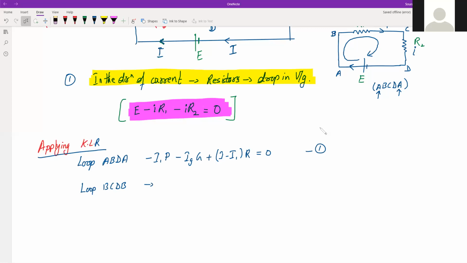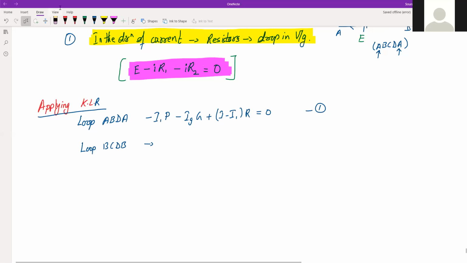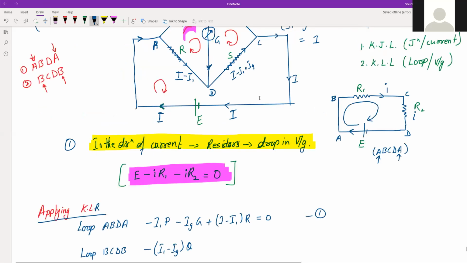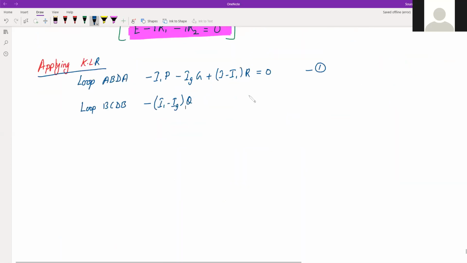So in the loop, B to C has current I1 minus IG, and the resistance is Q. So (I1 minus IG) into Q. Then again, if I'm now coming in the direction C to D, I'm going against the direction of current, and the resistor there is S. So plus S into (I minus I1 plus IG). That is the current in that.